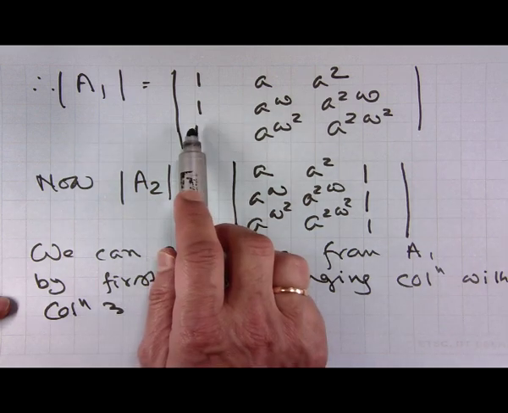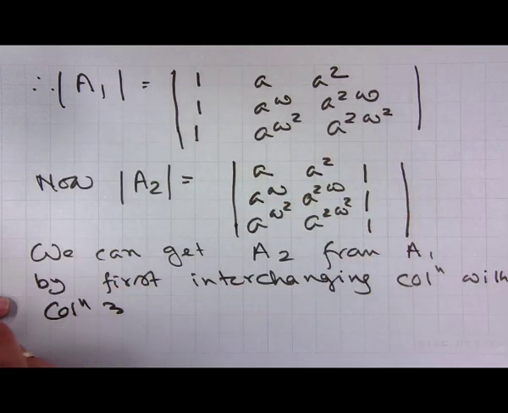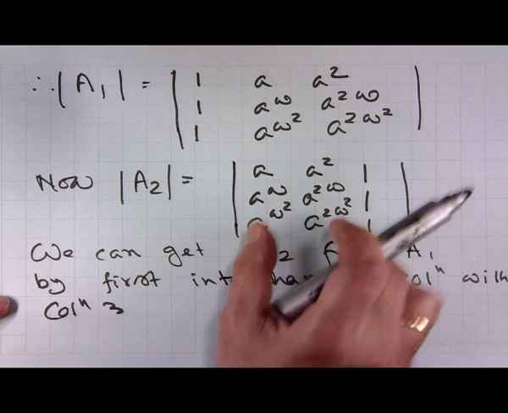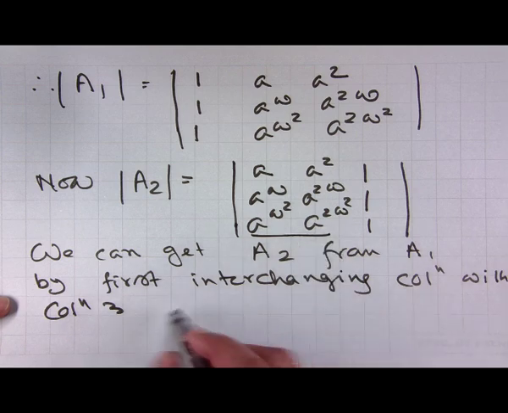Therefore, this column of 1s goes here and this column comes as the first column. After that, if we swap these two, then we get this matrix.